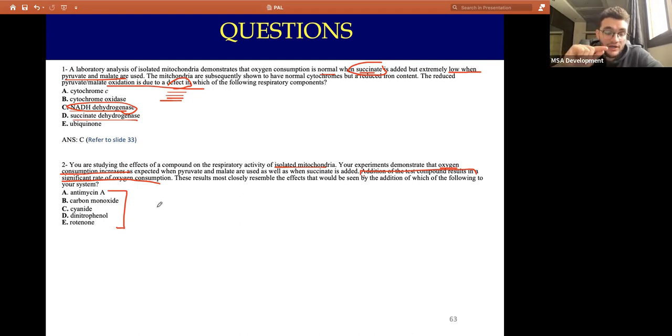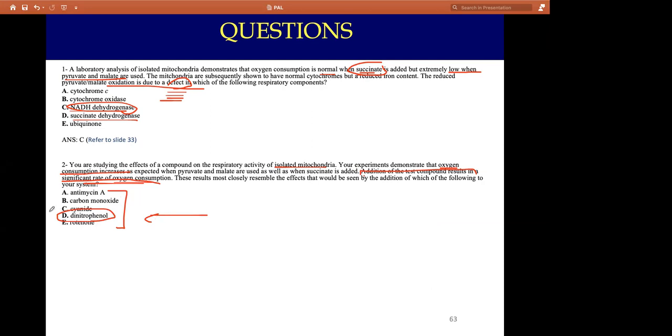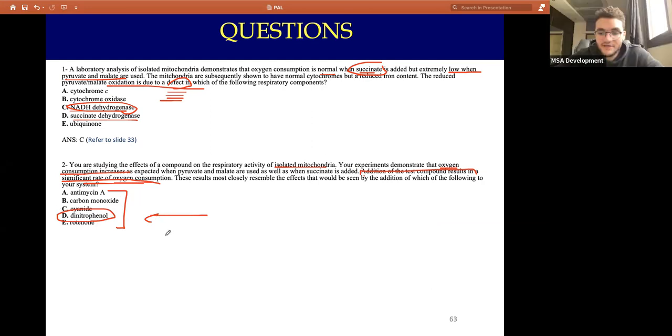However, uncoupler decreases ATP synthesis, but it increases oxygen consumption. That is why you're going to look immediately for the uncoupler. And that is why it is indeed D. Yes, it's dinitrophenol, which is one of the uncouplers. The rest, which are carbon monoxide, cyanide, and rotenone, are all inhibitors. Exactly.